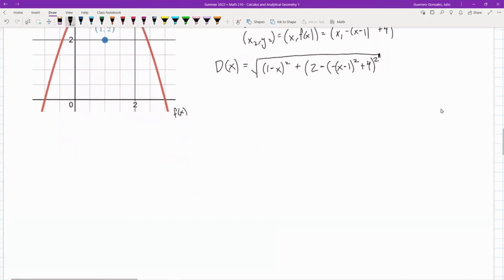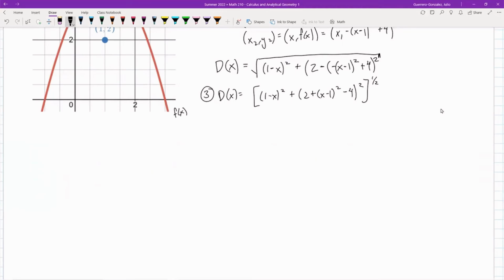So here we go. Step 3 now. Now we get to do what we came here to do. So I need d prime of x. Let me actually write regular d first. I'm going to rewrite this. It's going to be 1 minus x squared plus 2 minus, I'm going to clean this up a little bit, x minus 1 squared minus 4 squared, and then all of this to the 1/2.